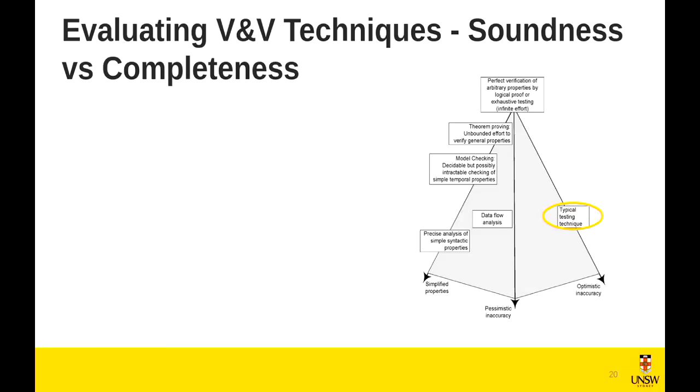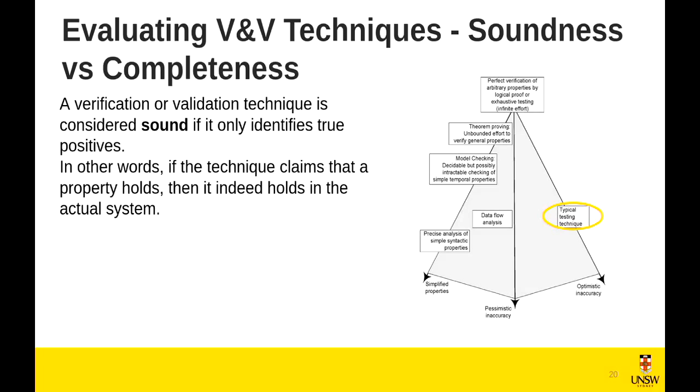And talking about evaluation, we have two more properties to check for these techniques. The first one is called soundness, and the second one is called completeness. A technique is considered sound if it only reports true positives.